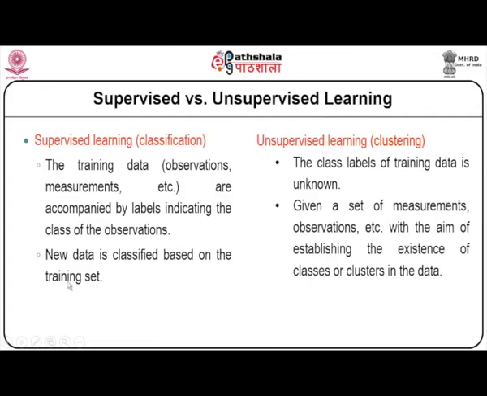whereas it is not the case with unsupervised learning, where the class labels of the training data are previously unknown. It can belong to any specific class, and the class labels are unknown. Given a set of measurements and observations, as in supervised learning, the aim is to find the existence of classes or clusters in the data.